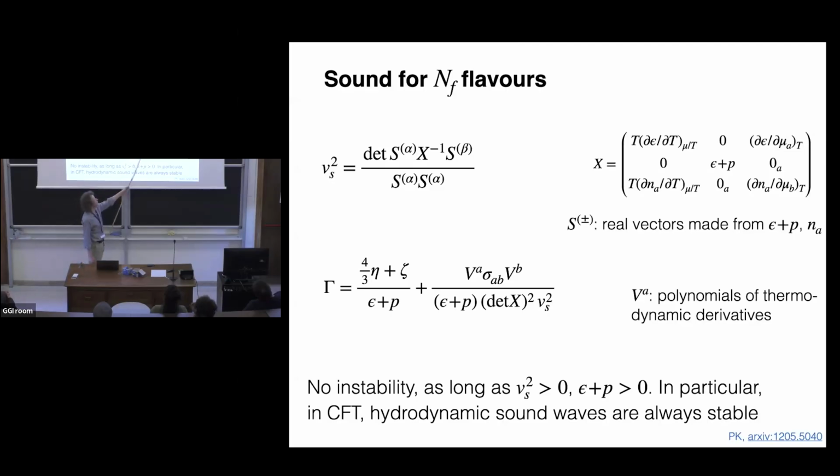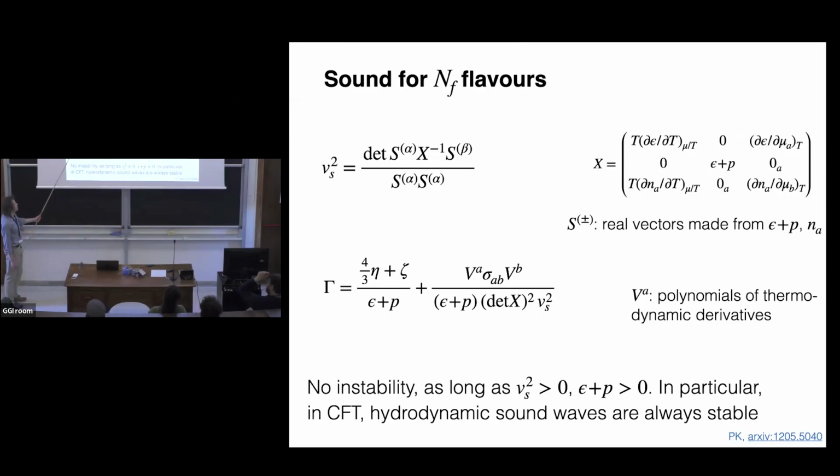Again, this is the mean square fluctuation of energy, mean square fluctuation of charges, and the cross terms. This matrix X is positive definite, X^-1 is positive definite, and S± are just some real column vectors made of E+P and n. So written in this way, speed of sound squared is obviously positive if X is a positive definite matrix.